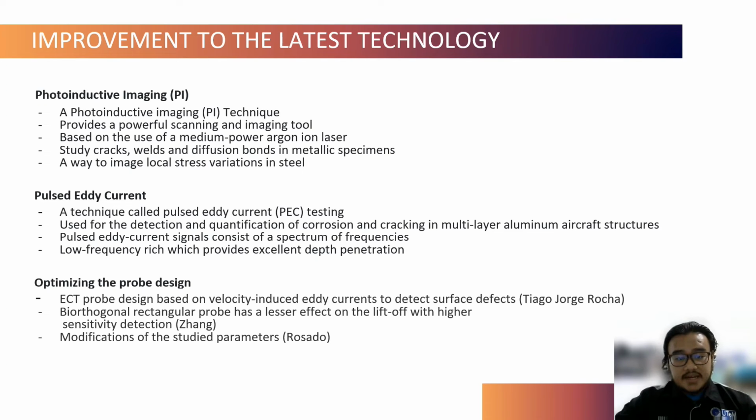Optimization of probe design. According to the state of the art, the probability of detection of the eddy current technique can be improved by optimizing the probe design. In recent years, several studies have focused on optimization of the ECT probe design for defect detection. Tiago George Rothschild proposed an ECT probe design based on velocity induced eddy current to detect surface defects.